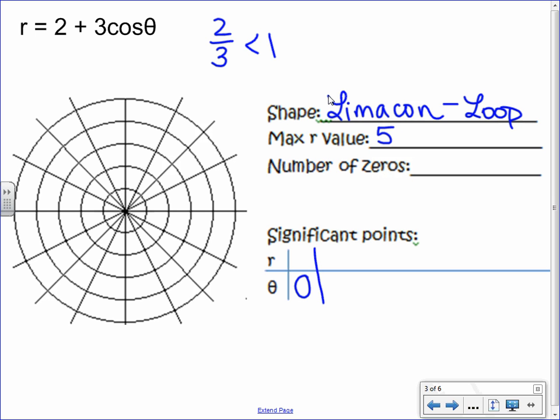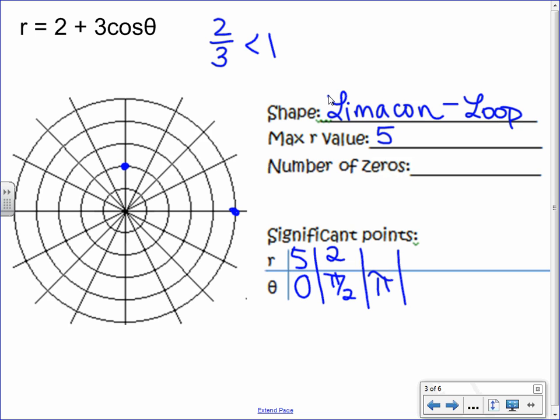Okay, so we're going to start by plugging in 0. What do we get? 5. Then we're going to plug in pi over 2. Well, what's cosine of pi over 2? 0, so we're left with 2. Alright? Then, we're going to plug in pi.